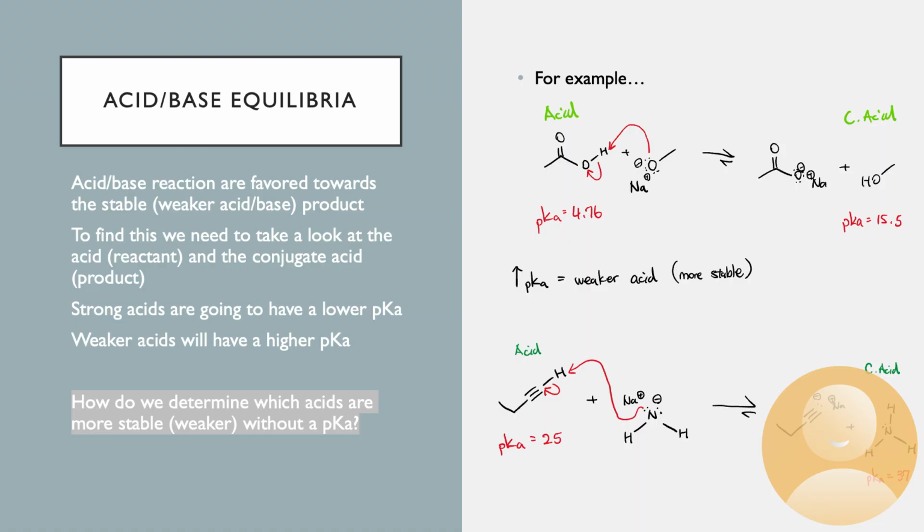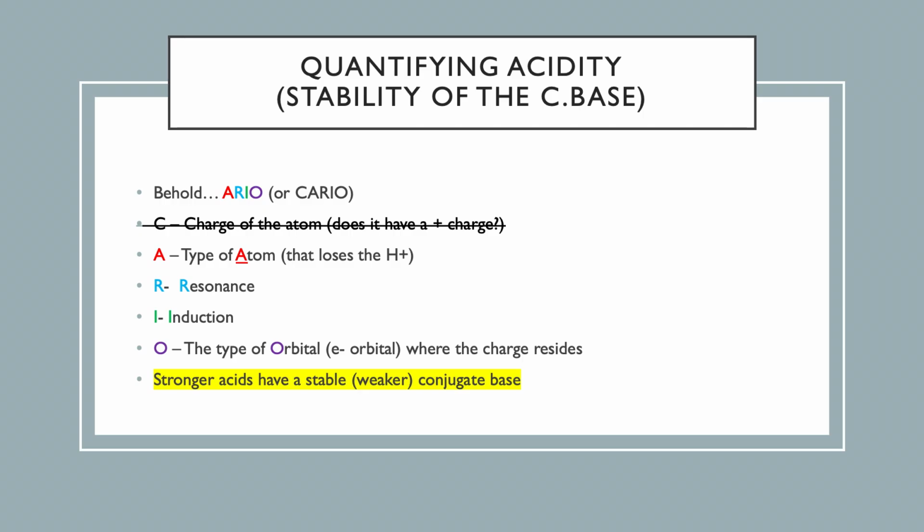Now, it's nice and all that we have our pKa's given to us, but how do we determine the favorability of the acid-base reaction without a pKa given? One way to determine it is by seeing the stability of the conjugate base. In General Chemistry II, we learned that a stronger acid has a weaker and more stable base than the other.